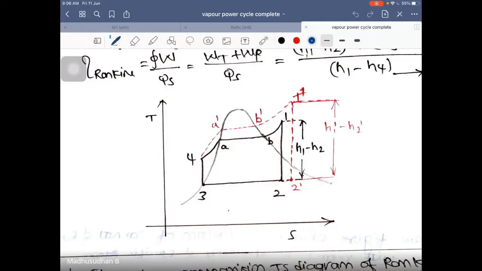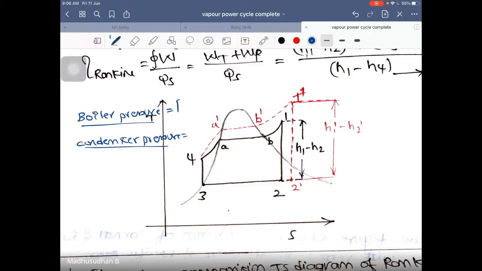Now, look here. So there are two different pressures which I deal with every time. One is known as the boiler pressure, and the second one is known as the condenser pressure. Can you identify which one is the boiler pressure and which one is the condenser pressure? A to B is the boiler, condenser is 3 to 2.